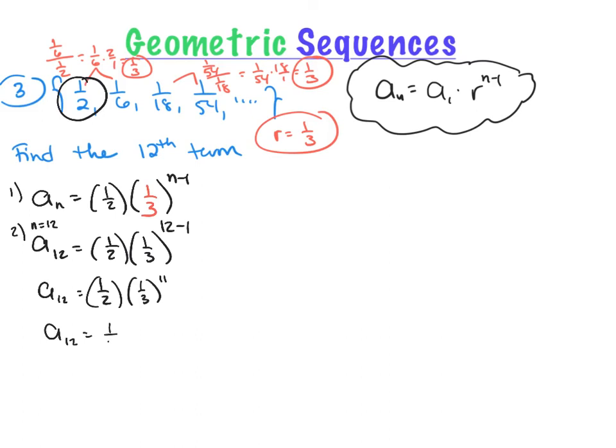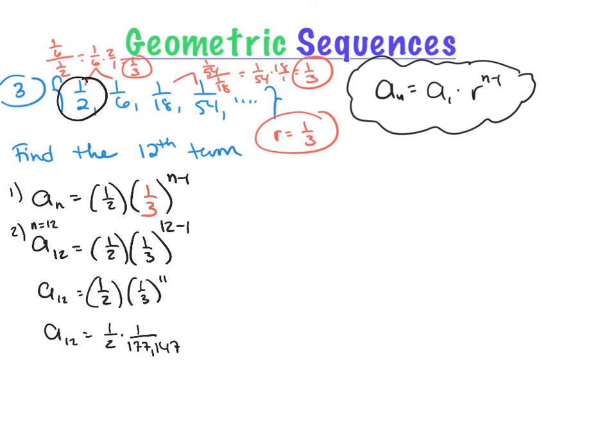Now, since this problem was given to us in terms of fractions, we probably need to answer in terms of fractions. So 1 to the 11th is 1. 3 to the 11th in that denominator is 177,147.